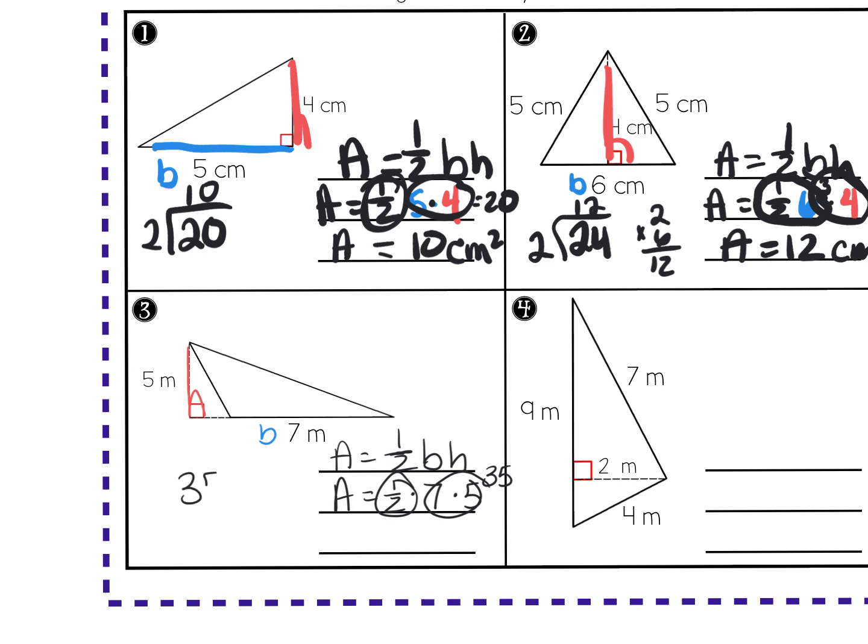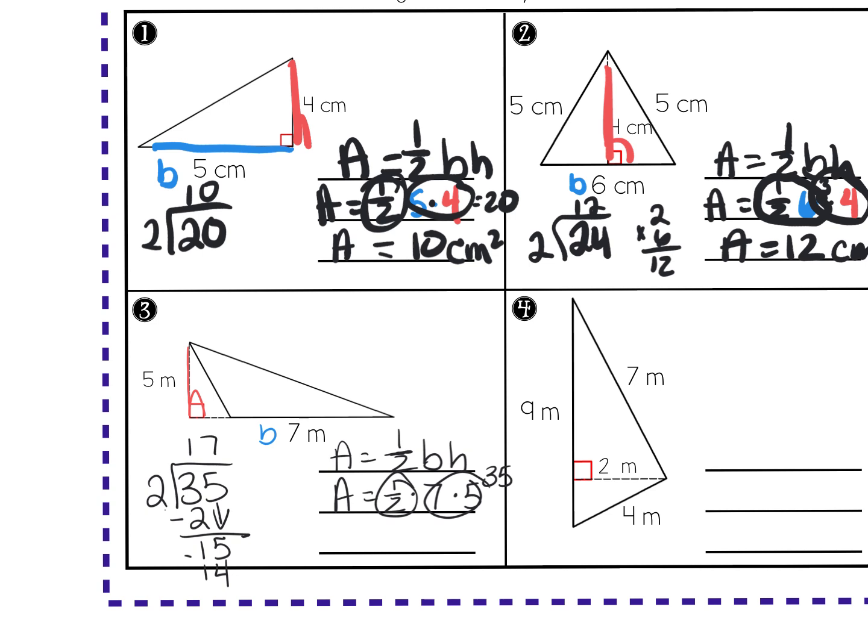So let's set it up. 35 divided by 2. 2 can go into 3 one time. Minus 2. 3 minus 2 is 1. Bring down your next number, 5. 2 can go into 5 two times, and it goes up to 14. If I count by 2, the closest I can get to 15 without going over is 14. So that's why I'm subtracting 14.